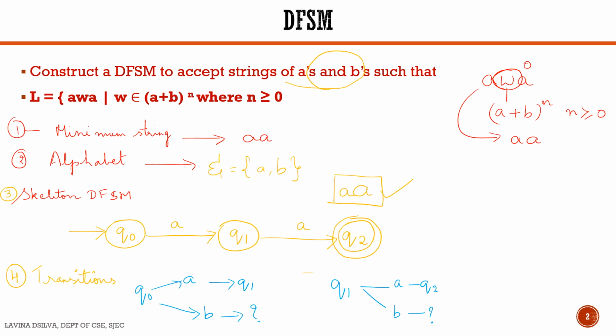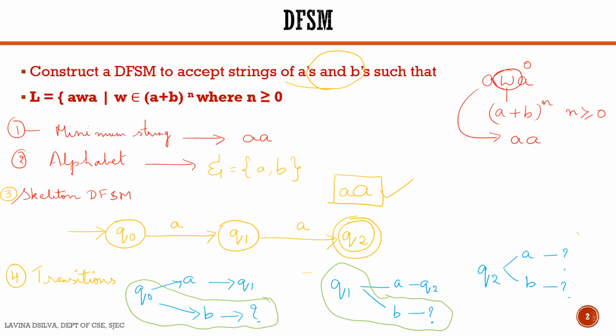And on Q2 state, we didn't define for either A or B. So we have 4 transitions to find out. On Q0 state, if we give a B input, to which state will the DFSM move to? On Q1 state, if there is an input B given, to which state does the DFSM move to, as well as on Q2 state, in case input A and B is given, to which states will the DFSM move to?